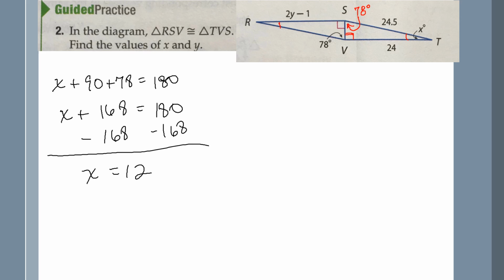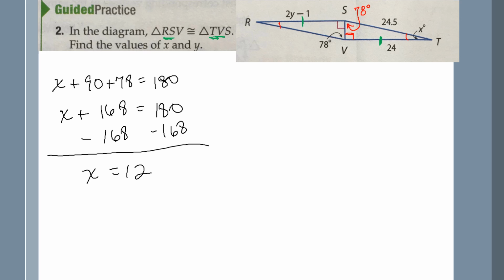Now, let's take a look at segment RS. So segment RS, which is this one right here, right? So that's these two here. Well, that's got to match up to segment TV, right? In this triangle. So we're going to match up with this one right here.